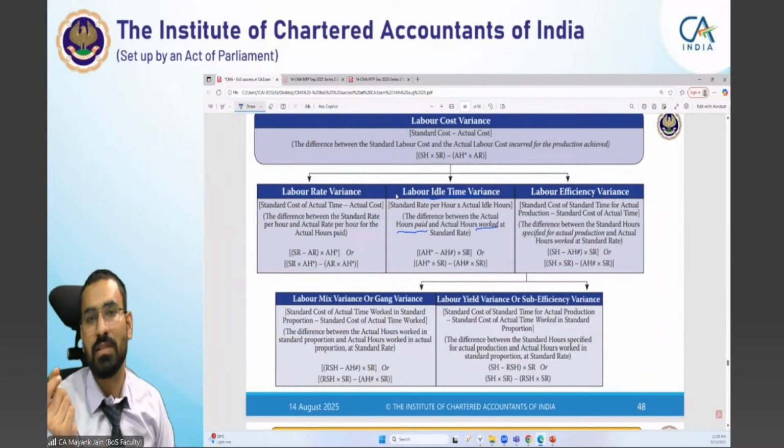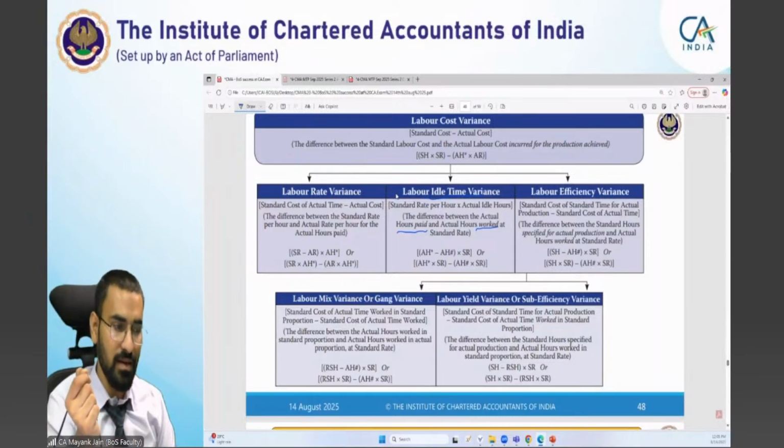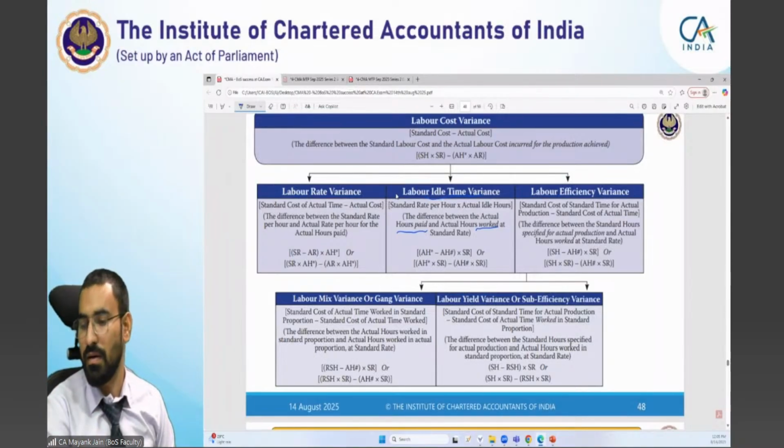Like the lunch break and the tea break, which is a normal idle time. But sometimes there's a fire breakage in the company, or there's a defect in the machinery. So this is the abnormal idle time. So you have to calculate the difference between the actual hours paid and the actual hours worked.